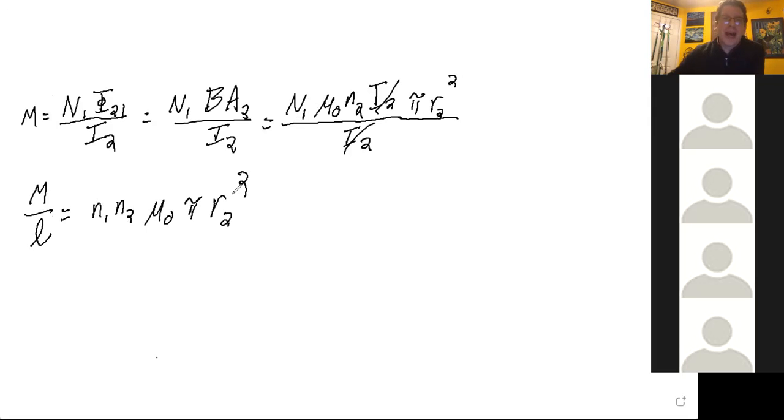So if you had N2 times phi12 over I1, you would wind up getting the same result because you're only interested in the portion of the magnetic flux caused by the first current that crosses through the second coil. So you'd still have the pi r squared term for the area.